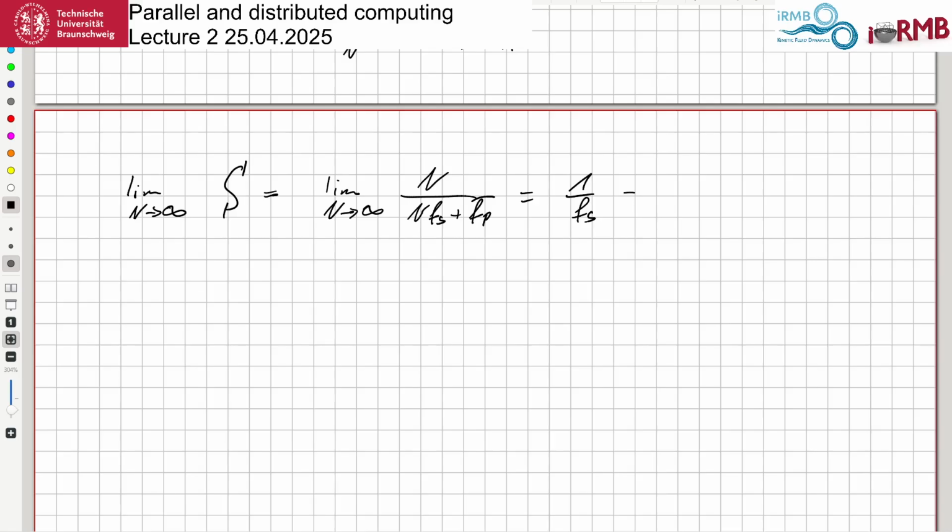Meaning that the speed up that you can reach is limited by the serial fraction of the workload.